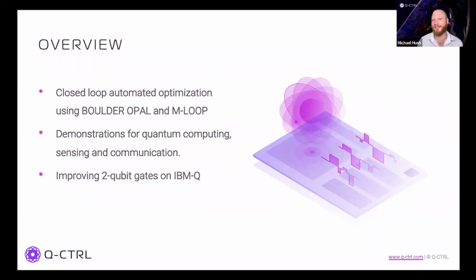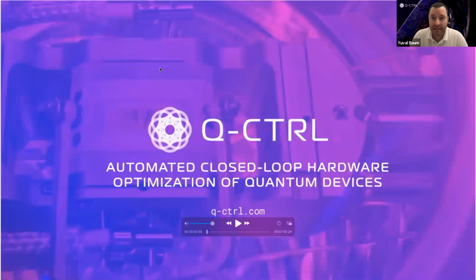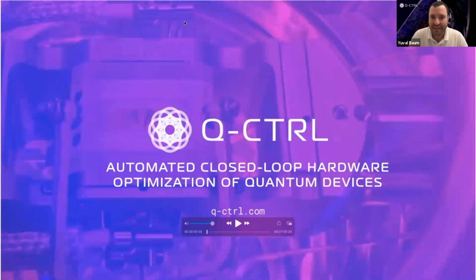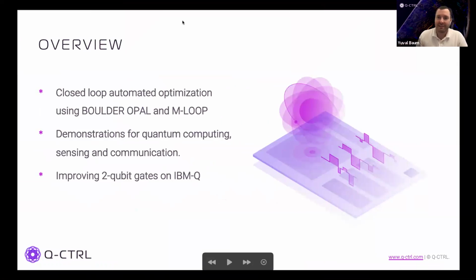The second question was about quantum hardware access. So I see that most of the people have access via the cloud, which is very relevant. Actually, the results that we'll show today were achieved via cloud access. Definitely some people have direct access, which is even better. And I think also for people without any access, you can find interest in many of the features that we'll present today.